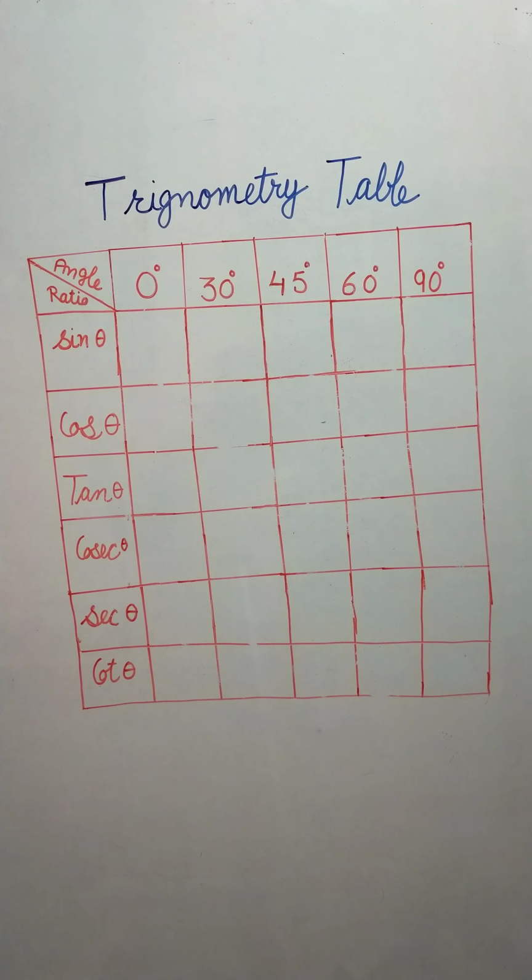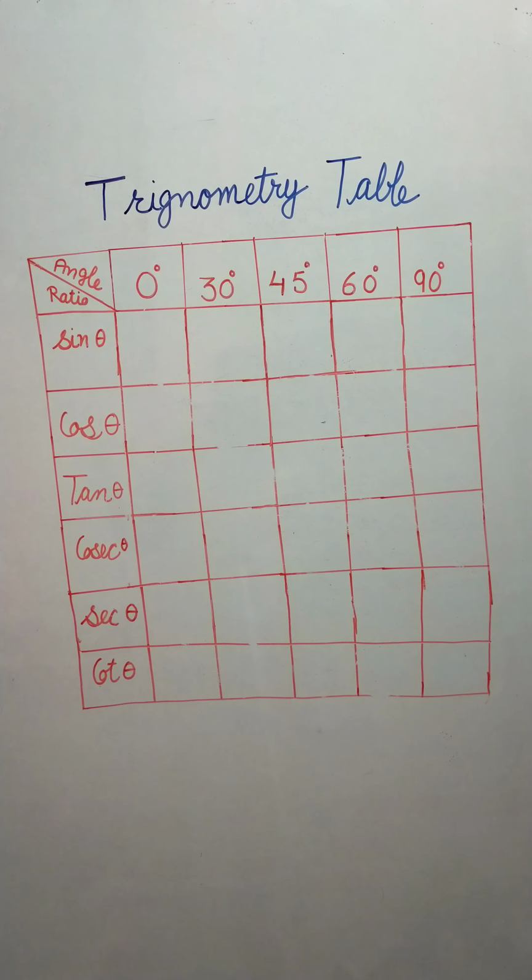Square root of 2 over square root of 4: 1 by under root 2. Then under root 3 by 4: square root of 3 is under root 3, square root of 4 is 2. Then 4 by 4 is 1, and square root of 1 is 1. Very easy. 0 by 2, 0.